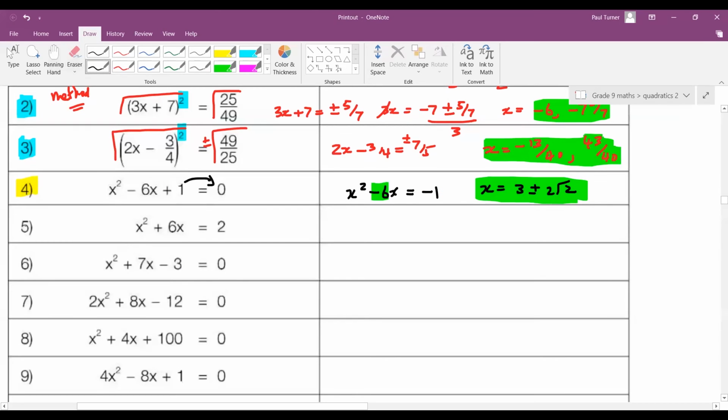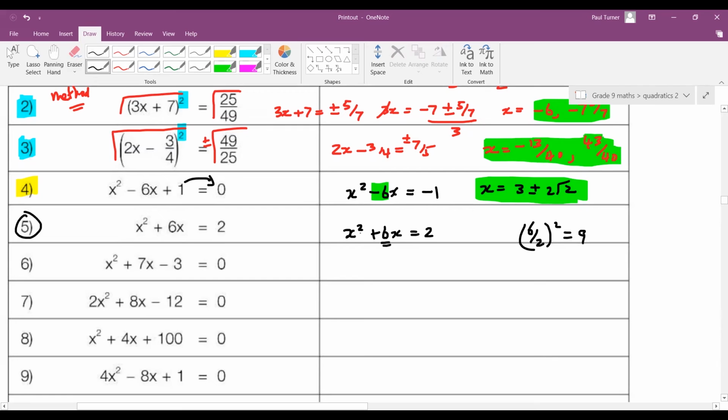So in question 5, you can see that the 2 is already on the right side. So we do the same here. Let's write this again. X squared plus 6x equals 2. So the middle number is 6. So we halve and square that number. We'll get 9 again.